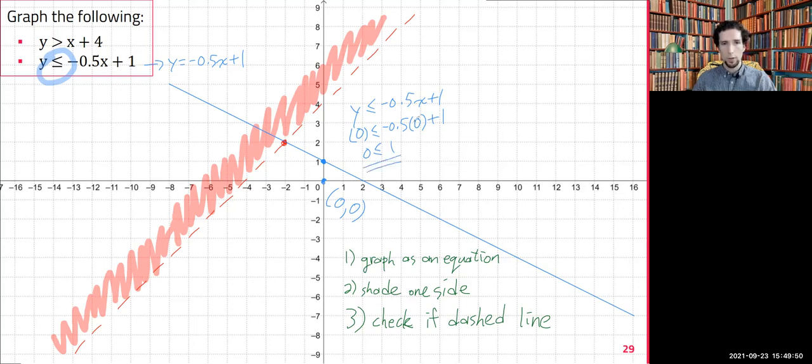Is this a true statement or a false statement? Well, 0 is less than or equal to 1. That is a true statement.